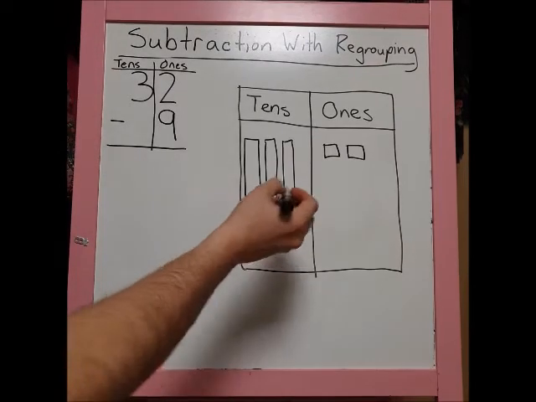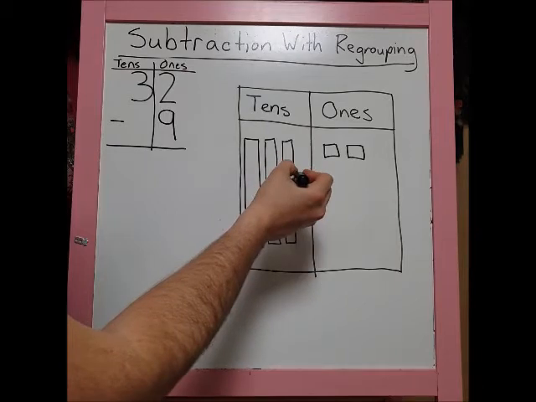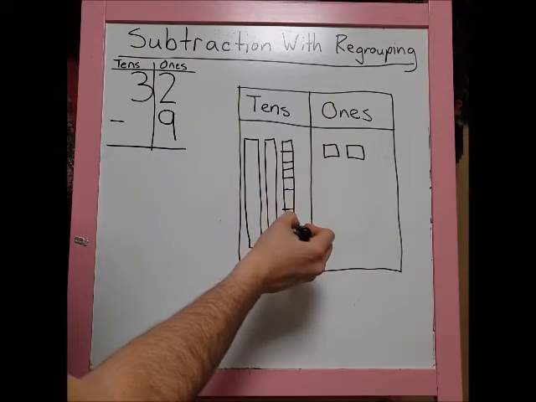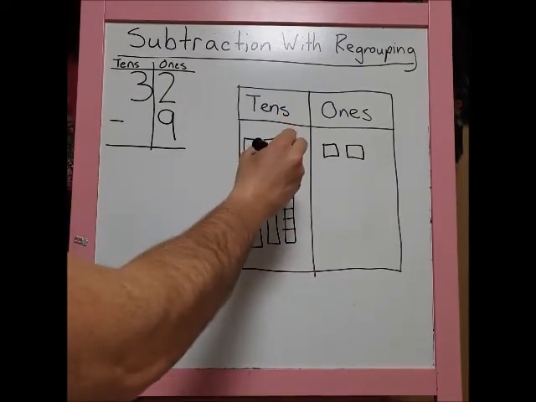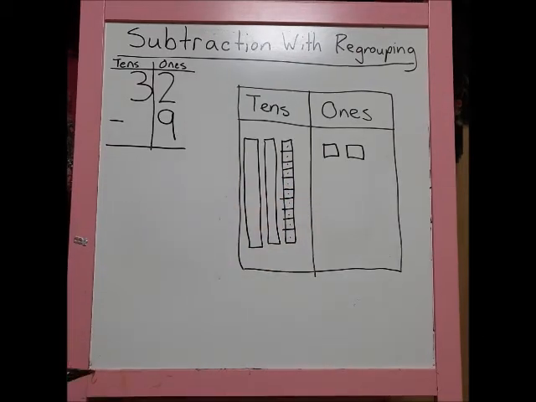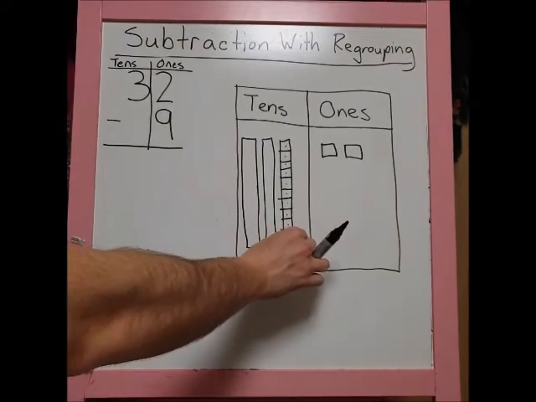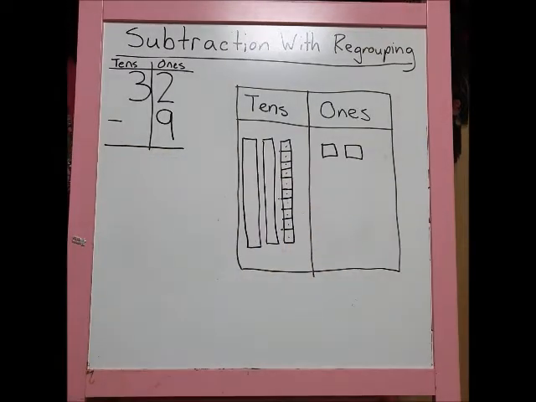10. We could draw that here if you want. So in one ten, we have 1, 2, 3, 4, 5, 6, 7, 8, 9, 10 ones. There are 10 ones in one ten. So what we're going to do is regroup one ten into the ones side.